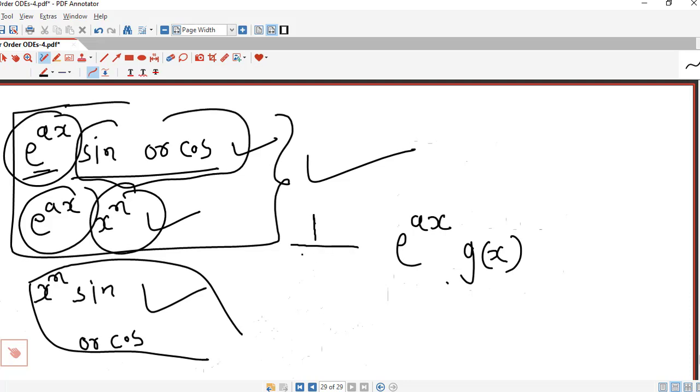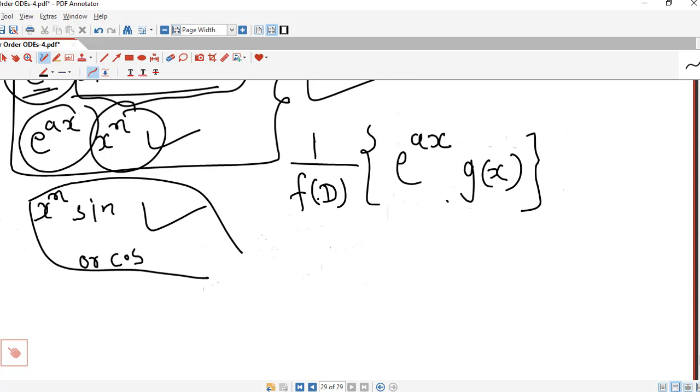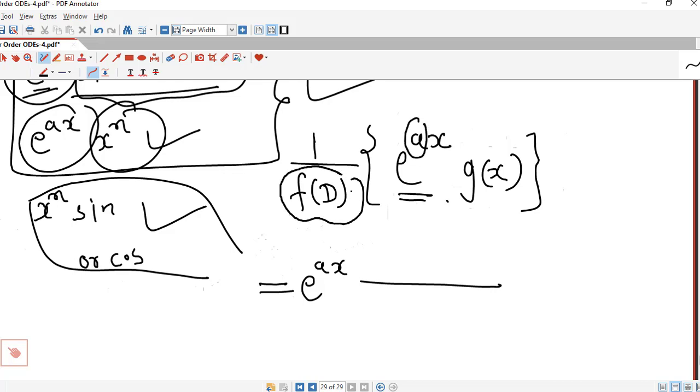So if we have this type of right hand side, then particular integral will be 1 over f of D e raised to ax into g of x. For this we have this formula. We consider e raised to ax outside, and here the coefficient of x is a. So in this f of D we replace D by D plus a.